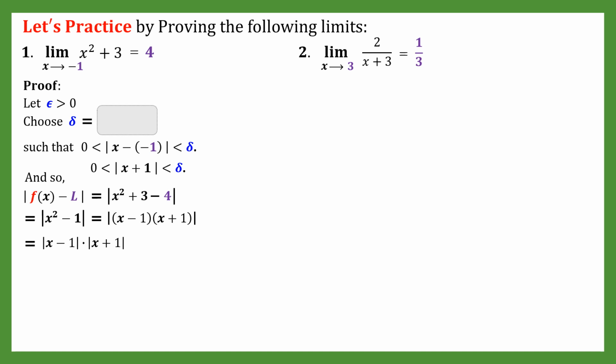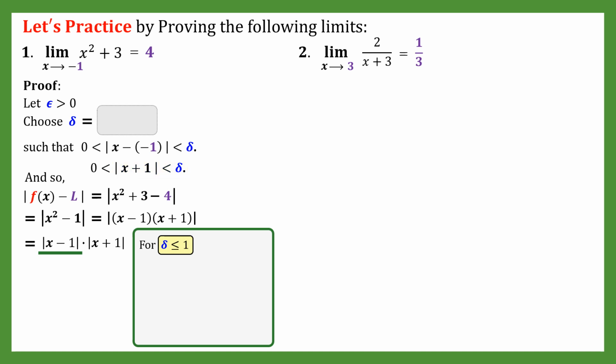At this point, recall, the absolute value of x plus 1 is less than delta. Yet, we do not have an inequality to describe the absolute value of x minus 1. And so, consider the following restriction.